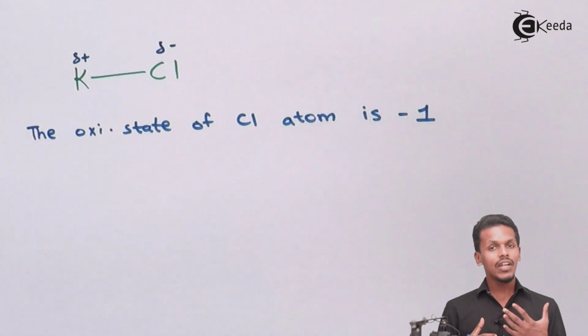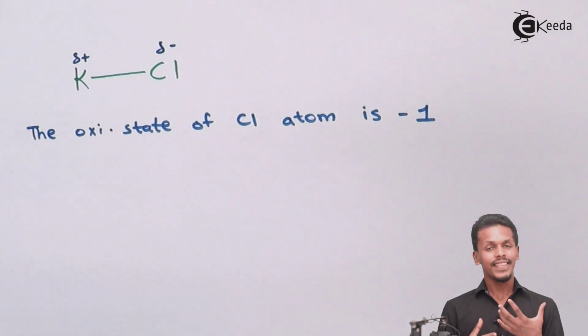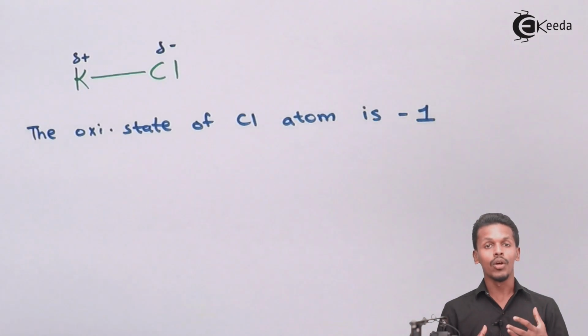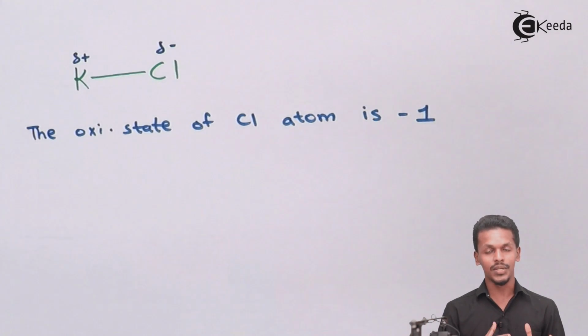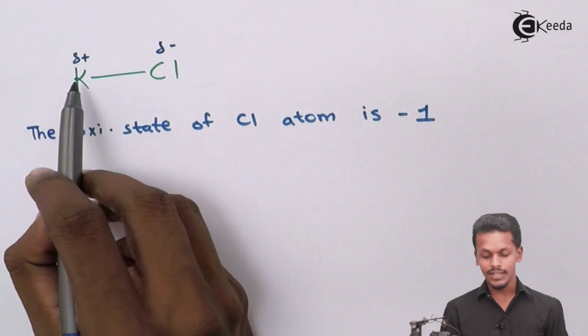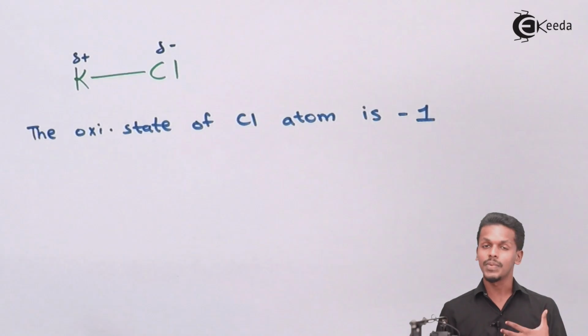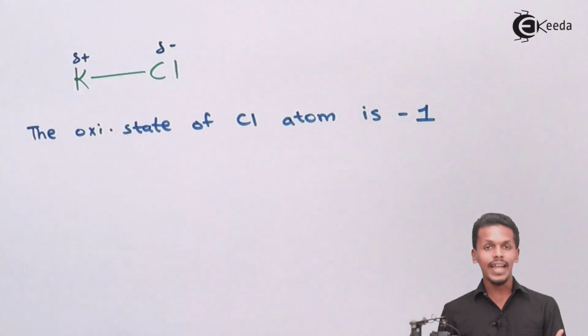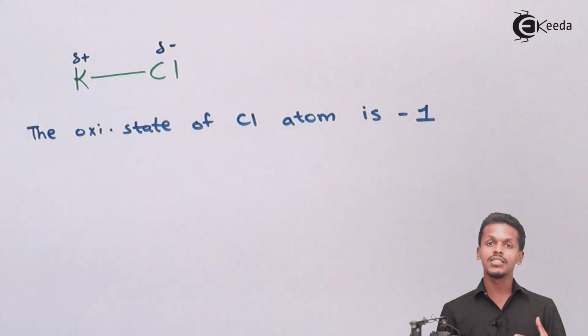If the oxidation state of chlorine is -1, then the oxidation state of potassium will be +1, because it is the charge acquired by the atom when the other atom is attached to it, and the charge it acquires depends on the atom it is bonded with. Here, potassium is bonded with the chlorine atom, and we know that chlorine is more electronegative.